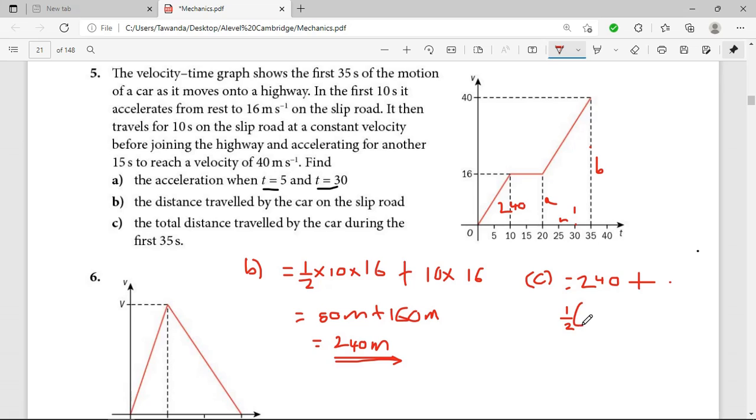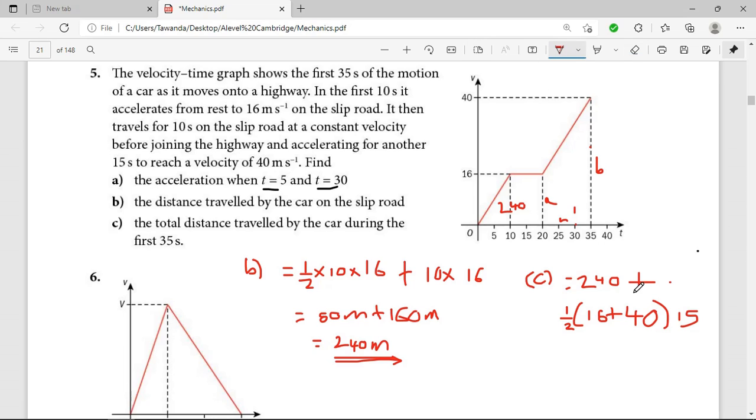I think you know the area of the trapezium. So this A is 16, B is 40, then times the height from 20 to 35, which is 15.